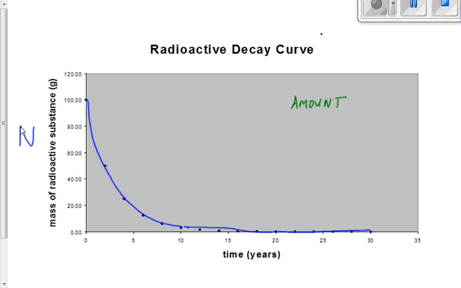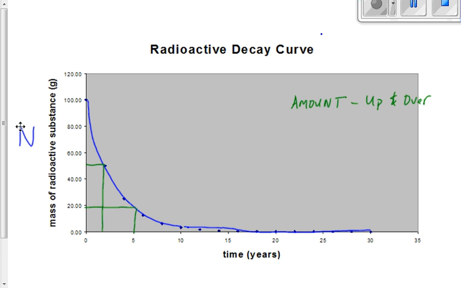If you want to find an amount, then all you're going to do is go up and over. How much remains after 5 years? Go up from 5, over, and it looks to be somewhere close to 20. How much remains after 2 years? Go up and over, looks to be about 50 grams. You want to find out how much remains after a certain amount of time. You want to find an amount, then go up and over.